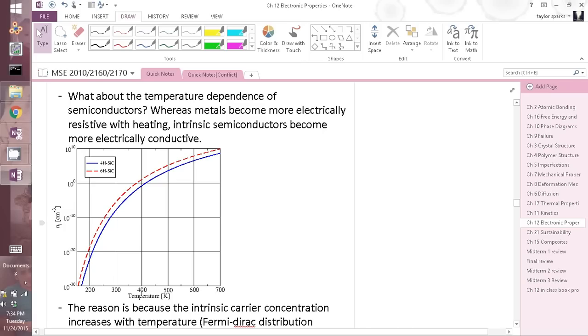They're thermally activated processes. Therefore, if you want to make an intrinsic semiconductor conductive, you need to heat it up. Intrinsic semiconductors must be heated to be conducting. It typically takes a fairly large amount of energy because you're overcoming a large band gap.